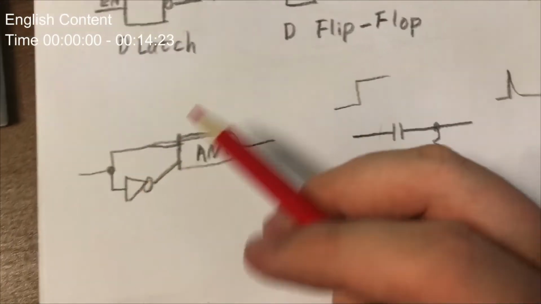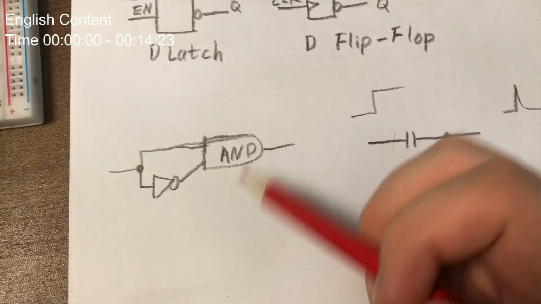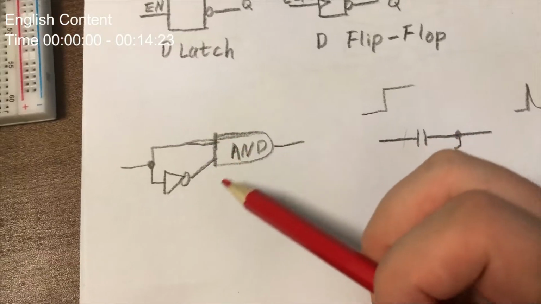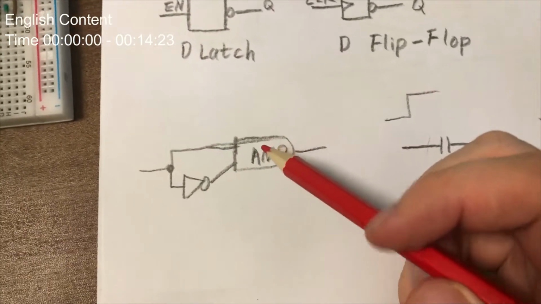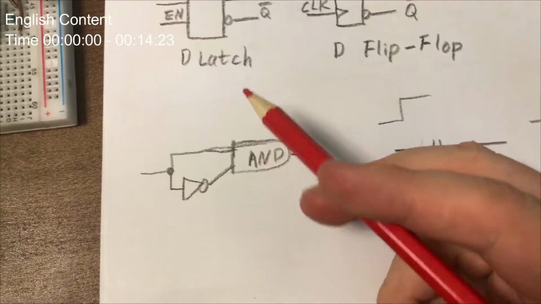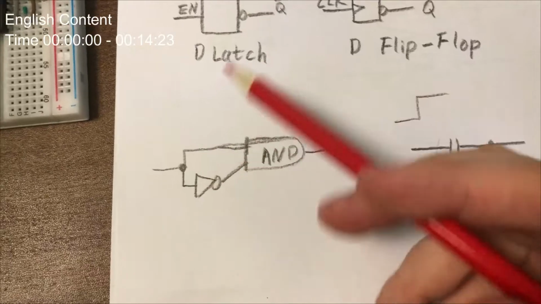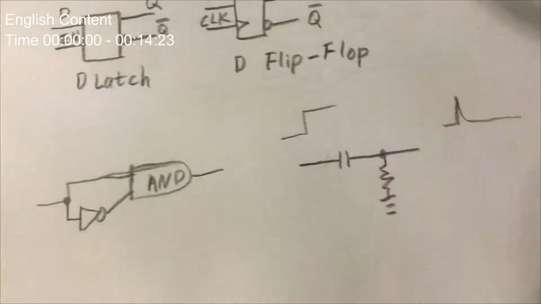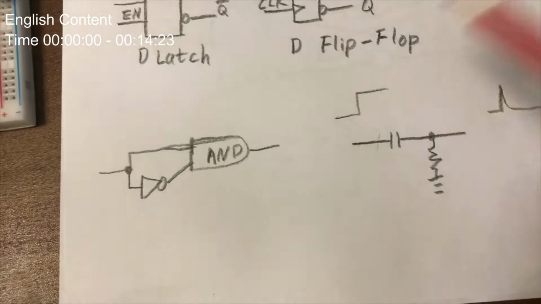One is using an AND gate, but this is very costly because the time is very short, so we need to combine a few AND gates to construct this short time. Another way is using a resistor and capacitor.